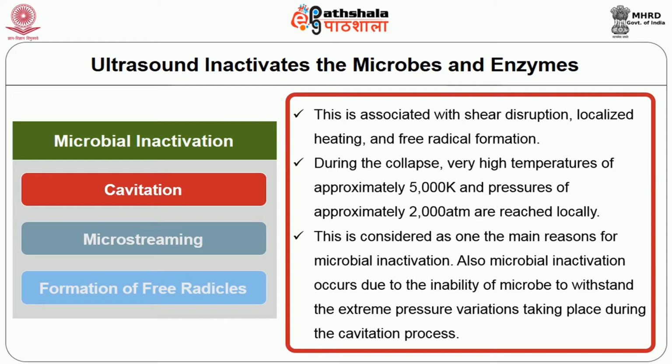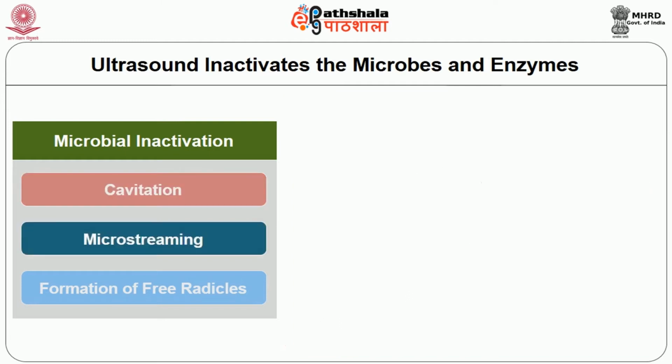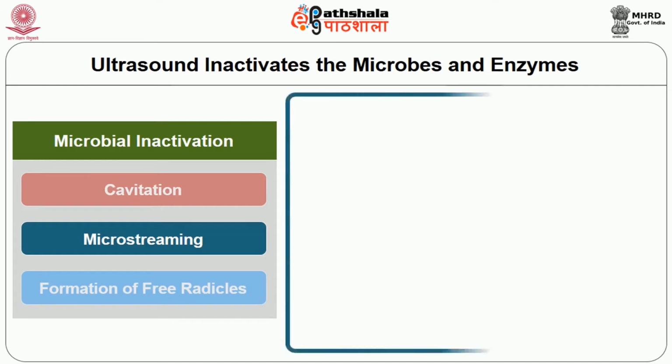Also, microbial inactivation occurs due to the inability of microbes to withstand the extreme pressure variation taking place during the cavitation process. The second mechanism of microbial inactivation is due to the generation of microcurrents, or simply called microstreaming.